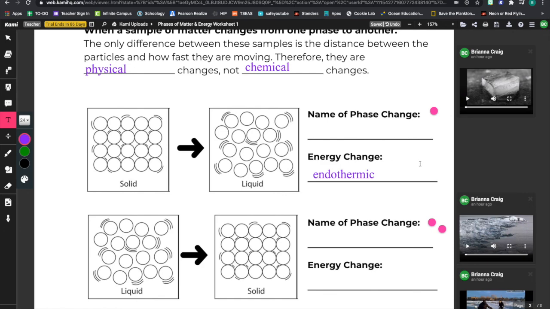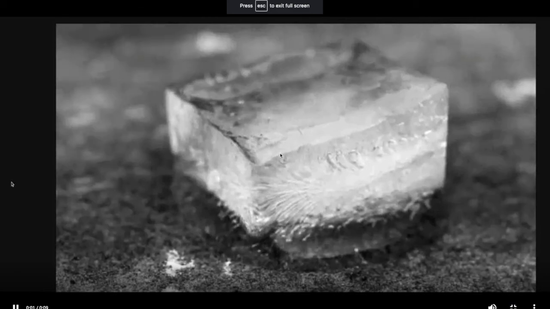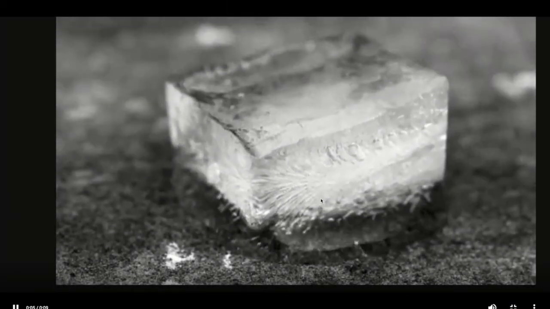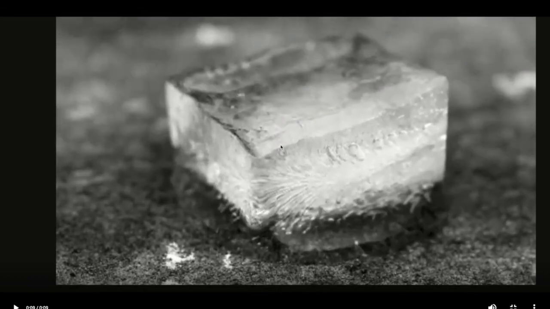And I also want to mention that for each one of these, I have a little snippet GIF for you to see, so you can just hit play. You can maximize it if you want. So this is just melting, right? I just gave you the answer, but this is a solid piece of ice melting into a liquid form of water here.